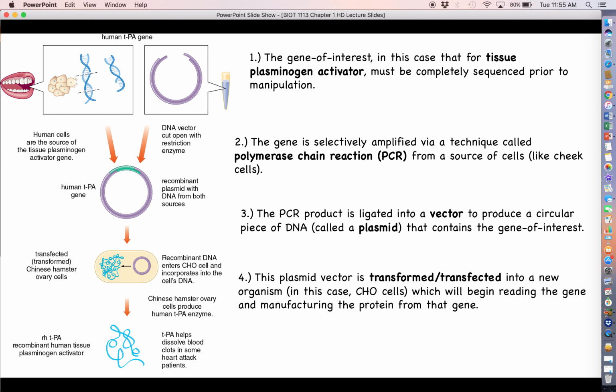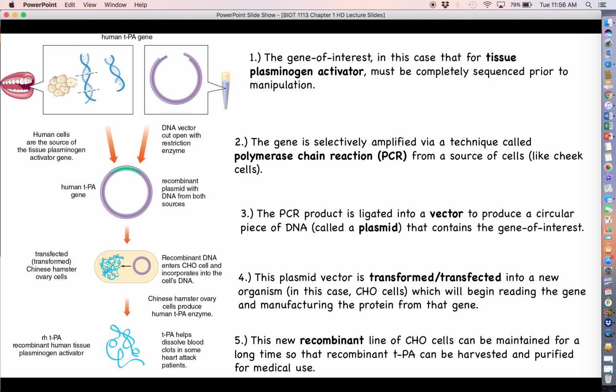As we mentioned in the last video, DNA is universal to all organisms, so that DNA will be readily accepted, and we can get these CHO cells to start manufacturing our TPA protein based on the genetic information that we introduced. We give these cells the blueprints, they read the blueprints, and they make our protein for us. Again, we are manipulating them to do what we want.